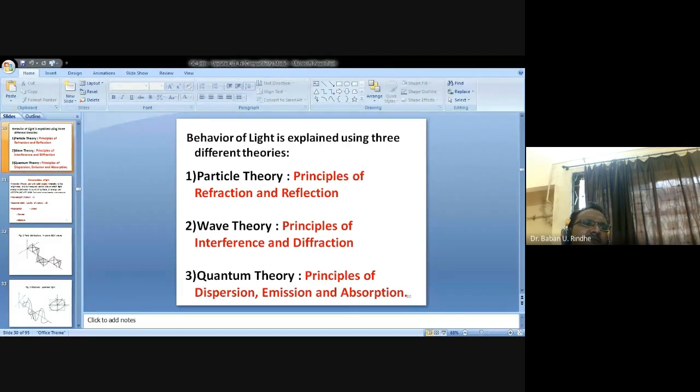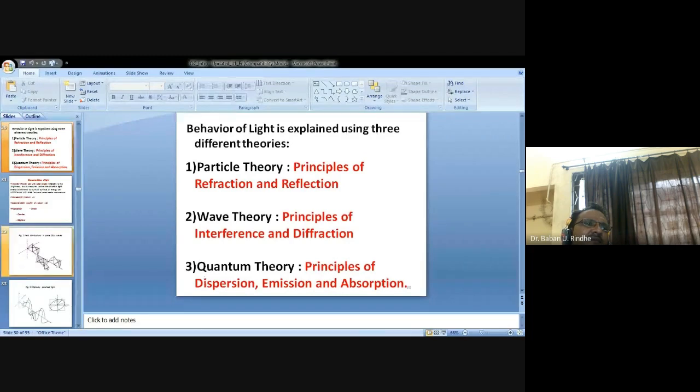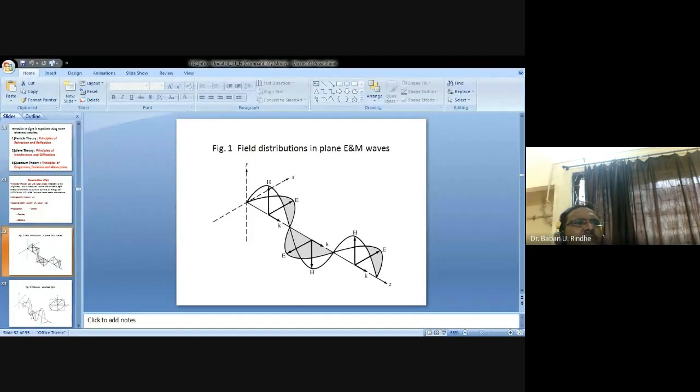Next we have the field distribution in a plane electromagnetic wave.